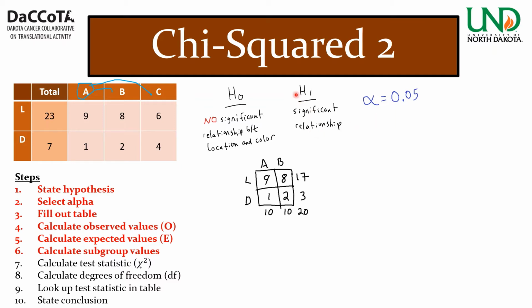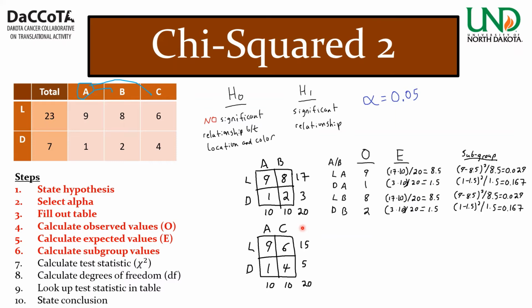So we can fill out our frequency tables, and again this is just taking this data and throwing it in here, but we also want our column and row totals as well as the overall total. This is an easy way to show this, because we'll need that when we go to our observed and expected values. Observed values we just take right from the table.